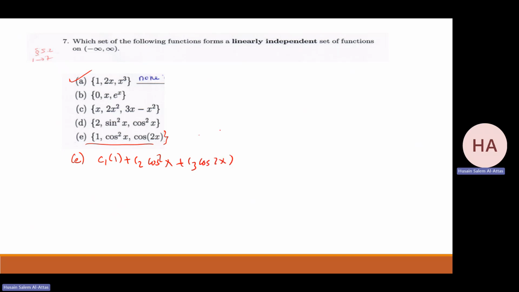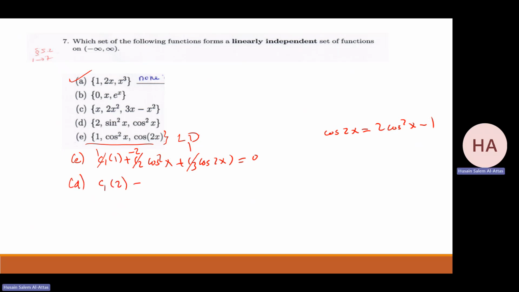I know that cosine 2x is 2 cosine squared x minus 1. So to cancel the 2, I'll make this minus 2, and I will make this 1. So 1 minus 1 is 0, and minus 2 cosine squared plus 2 cosine squared is equal to 0. They are linearly dependent.